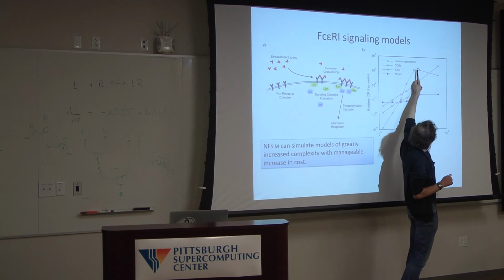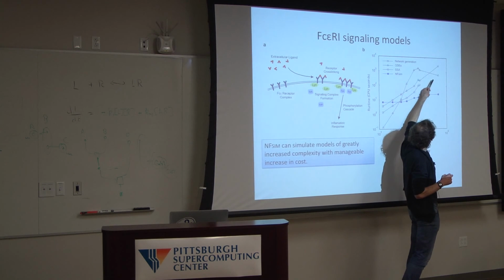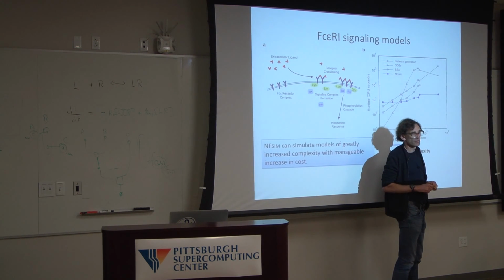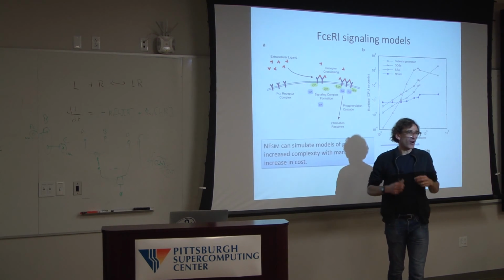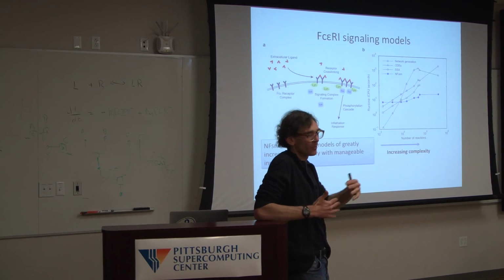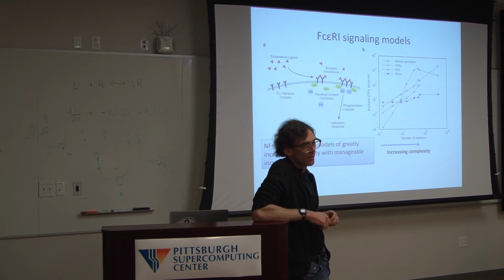Even though there are actually more equations here, the structure of this system is such that you can solve them more efficiently. Exactly why, I can't tell you, but I know that it's related to how coupled the different species are to each other in the system. That's very problem specific.